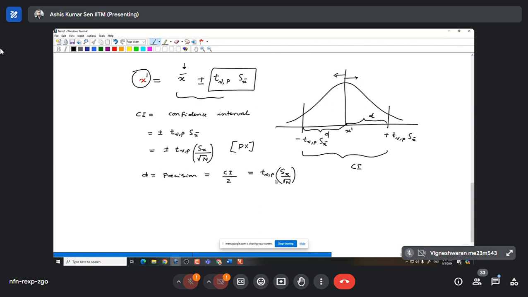For example, if the confidence interval is plus minus 1 unit, or the interval width is 2 units, then your precision, or D, will be 1 unit. From here, you can actually find the number of measurements required.